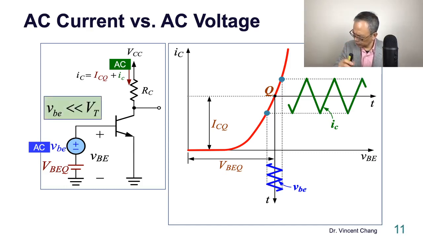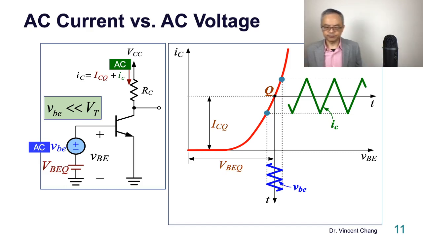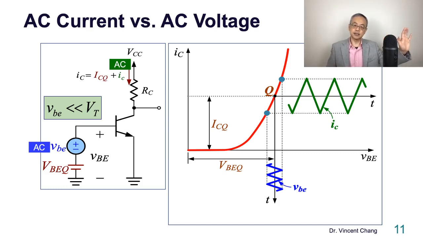As I mentioned in the previous lecture, the small signal is not an absolute definition. It's a relative definition associated with which device you are referring to. A signal that counts as small in a MOSFET could become a large signal in the bipolar.